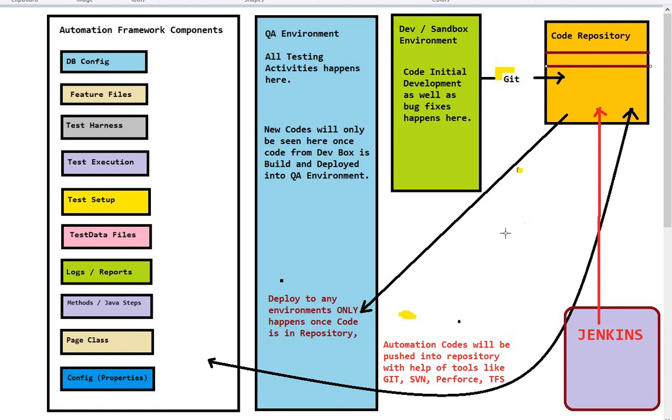So friends, I think this is pretty much what I wanted to cover, giving you an idea about environments, and then talking about how the versioning tool and the code repository work, and how the QA process or dev process, or the normal routine of an automation tester or a manual tester, works in your organization.